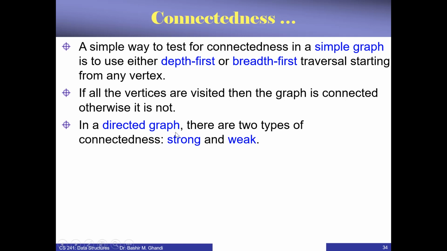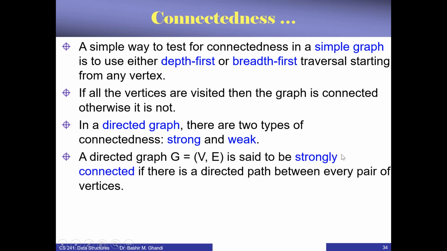In a directed graph, there are two types of connectedness actually. They are called strong connectedness and weak connectedness. So what is strong connectedness? A directed graph G is said to be strongly connected if there is a directed path between every pair of vertices.